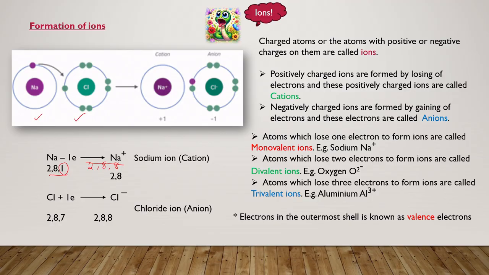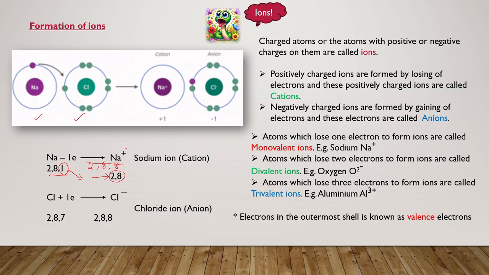But gaining electrons is not that easy, so it cannot get 7 electrons. Instead of that, to attain stability, sodium will donate this one electron. It will donate this one electron and attain stability by becoming 2, 8 configured. Now when it reaches 2, 8 configuration, sodium is stable.